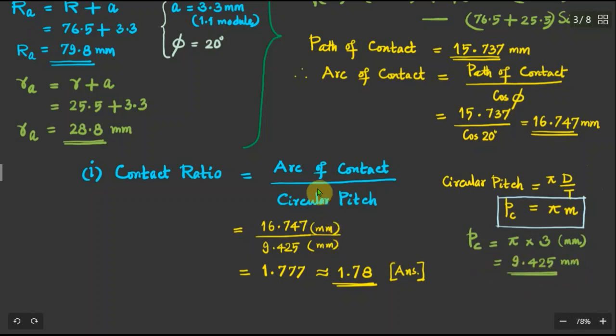Once you substitute the arc of contact, 16.747 mm, and the circular pitch, 9.425 mm, you will get the contact ratio, that is 1.777, approximately 1.78. So that is the answer to the second part of the question.